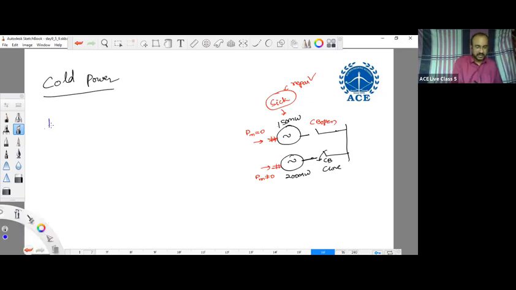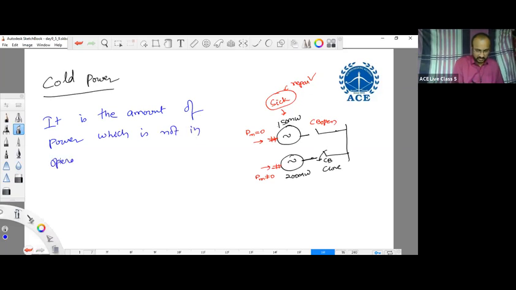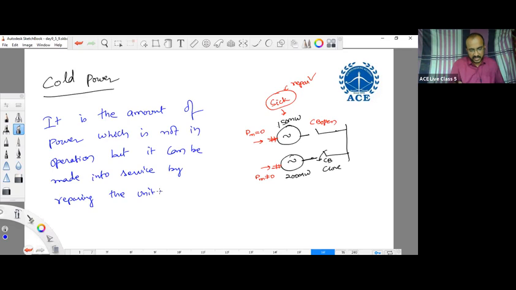Cold power is the amount of power which is not in operation, but it can be made into service by repairing the unit.